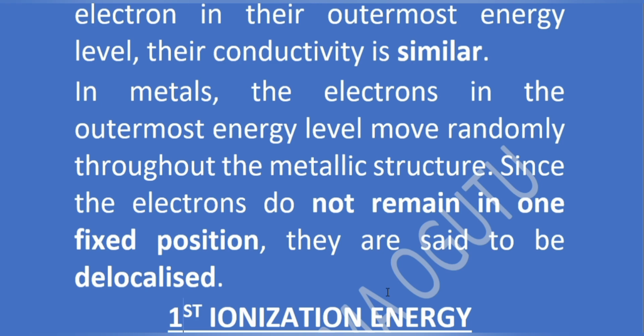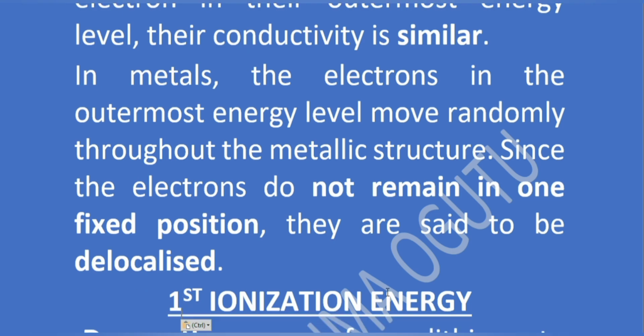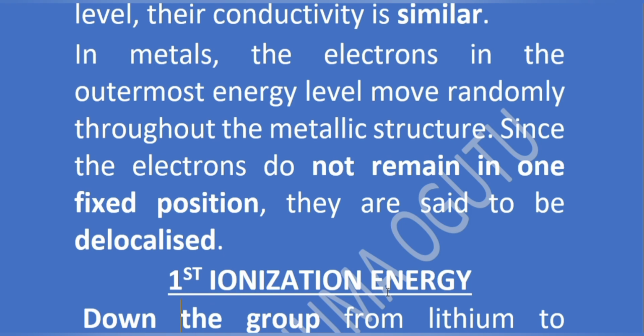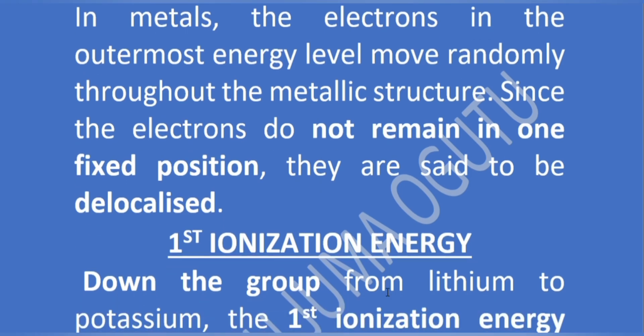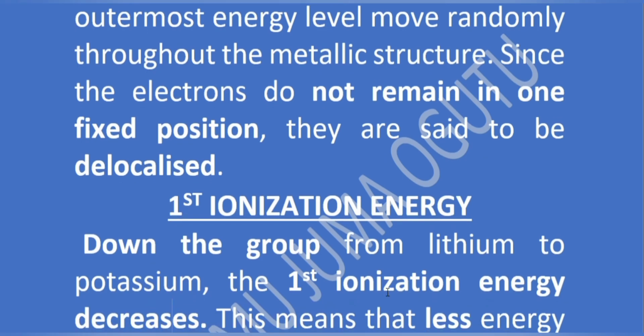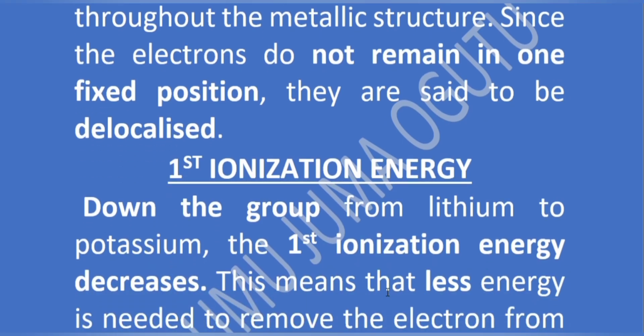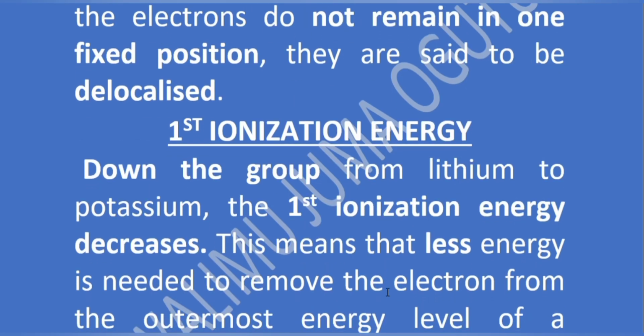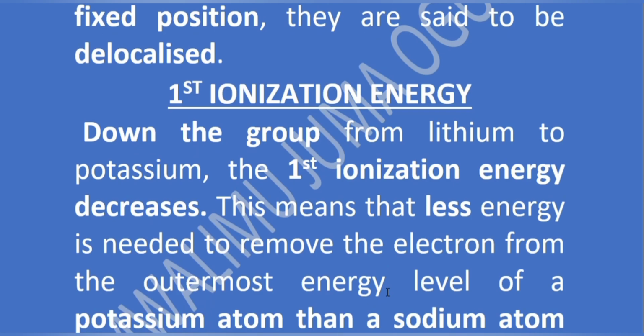Since the electrons do not remain in one fixed position, they are said to be delocalized. The alkali metals have one delocalized electron moving around, making them good conductors of both heat and electricity.